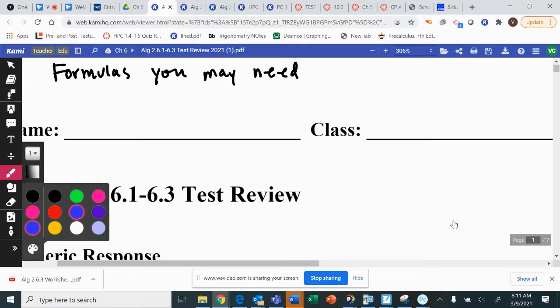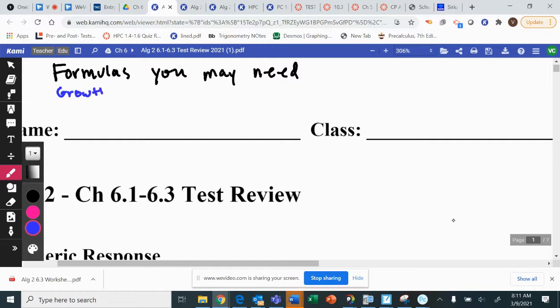We have the growth or decay formulas. So there's two, one's for growth, one's for decay. I'm going to write them together.